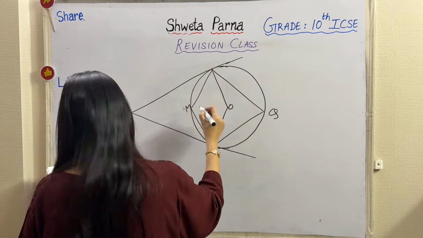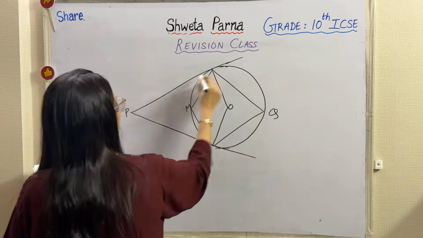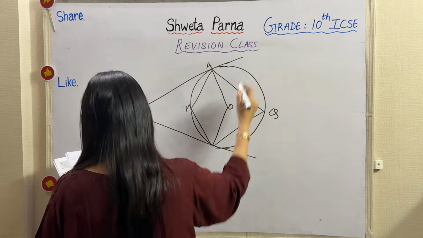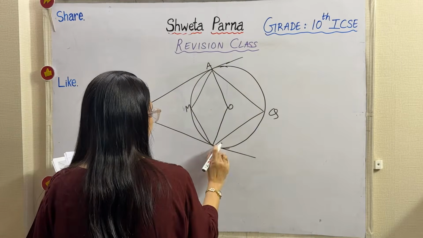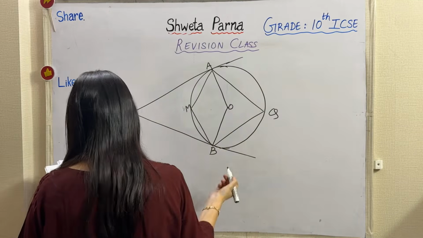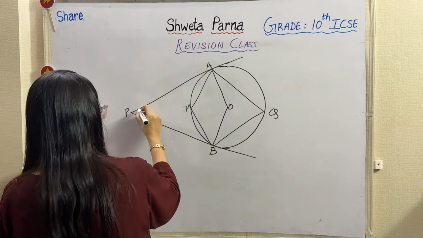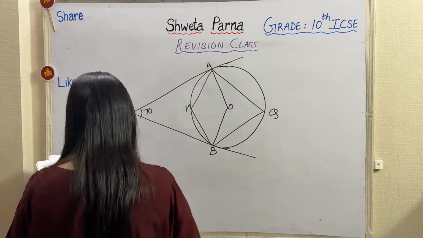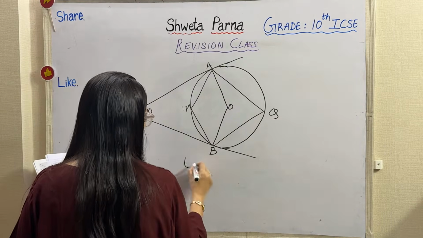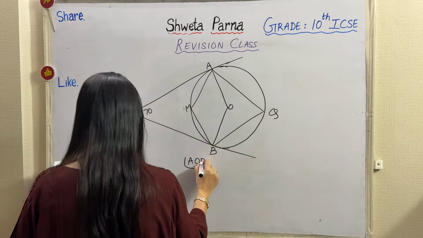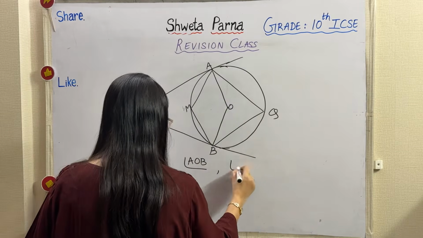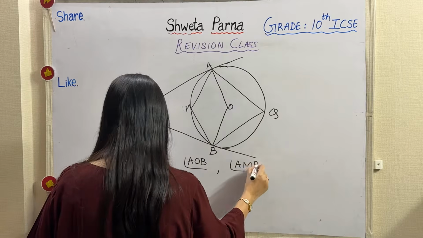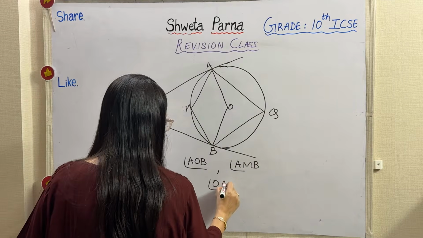This is M. P, A, B. Now what information is given? This angle is 70 degrees. O is the center of the circle. You have to find the value of angle AOB, angle AMB and angle OAB.